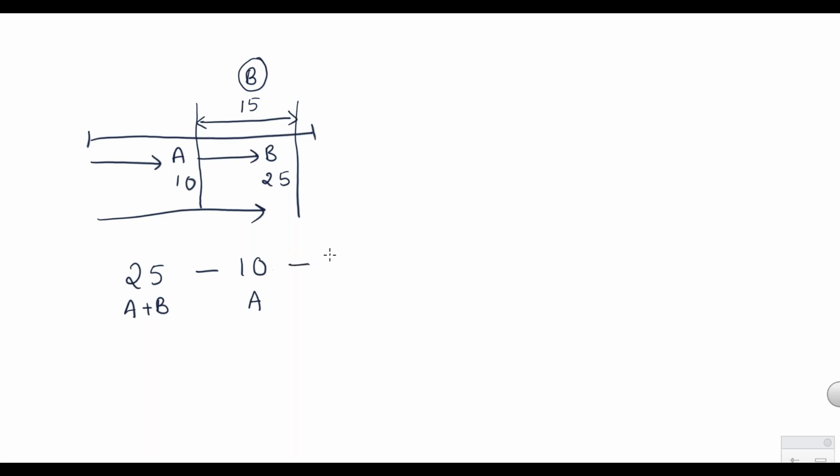Clear, right? So minus 1 means I have to subtract only B because I have already subtracted A. It is not required to take minus 2, because I have to subtract A and B. So now this is the answer: 25 minus 10 minus 1, that is 14. Right?